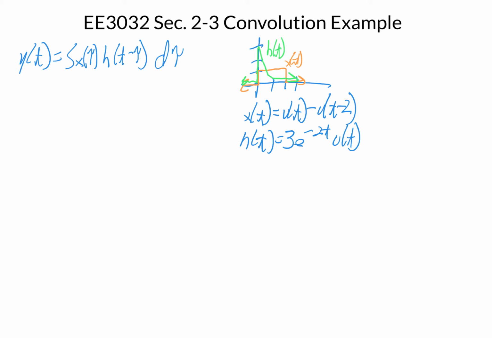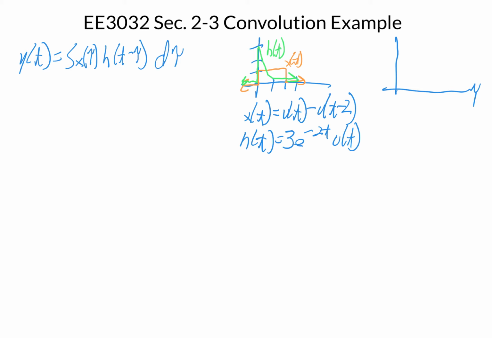So now what we're going to do is evaluate this integral very, very literally, but to help us visualize what's happening, I'm going to draw a couple other sketches here on the right. Now, notice in the integral, we're going to integrate over the variable tau. So I'm going to make the variable that we integrate over here the tau axis.